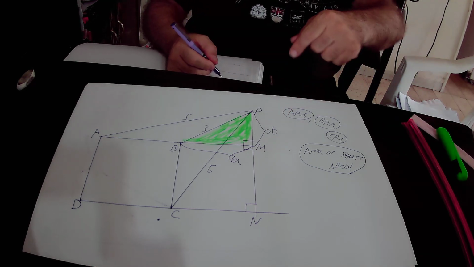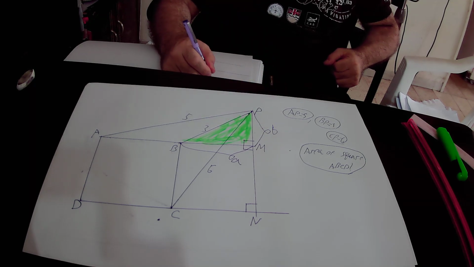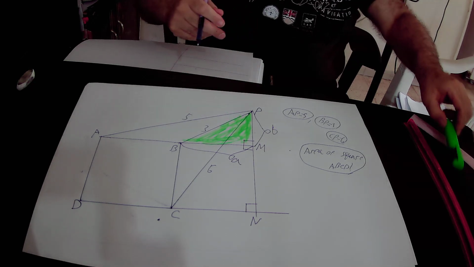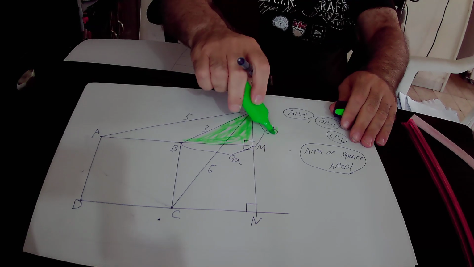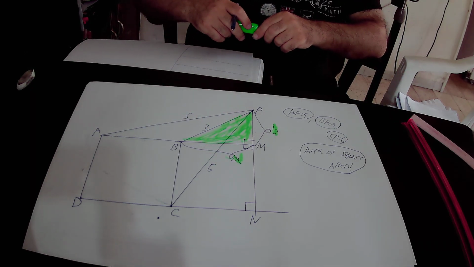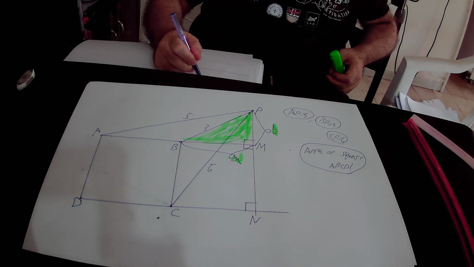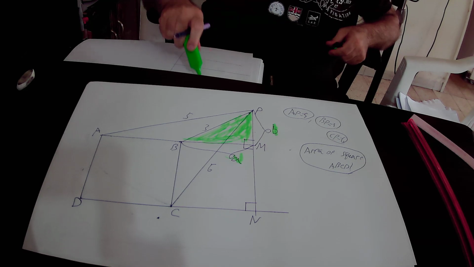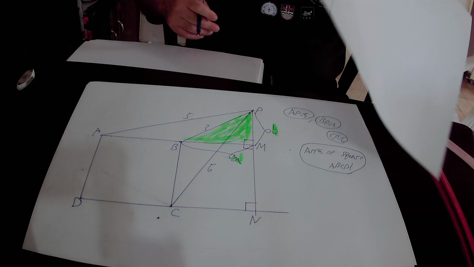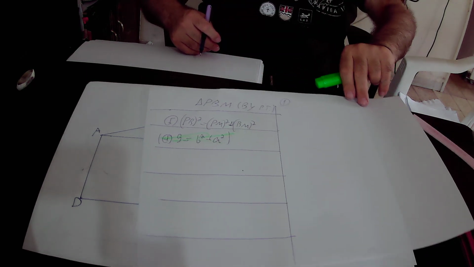PM equals B according to our definition, therefore PM squared is B squared, plus BM squared. BM equals A according to our definition, therefore BM squared is A squared. In conclusion, according to equation number 1, A squared plus B squared equals 9.